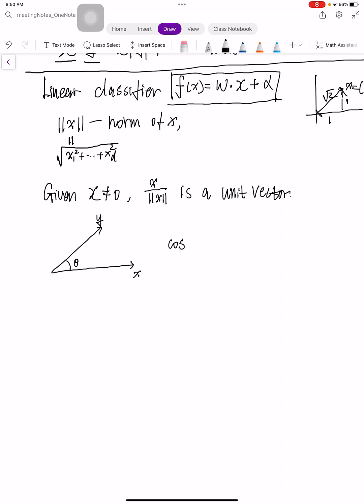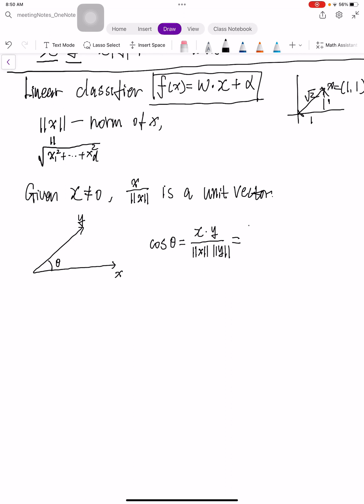If you take calculus, the cosine of theta equals x inner product y divided by the length of x times the length of y. Another way to think about this is that cosine theta is just the inner product of the standardized unit vector of x with the unit vector of y.